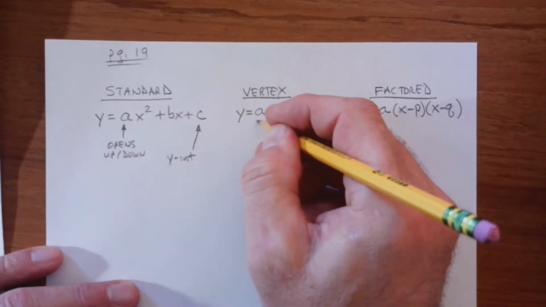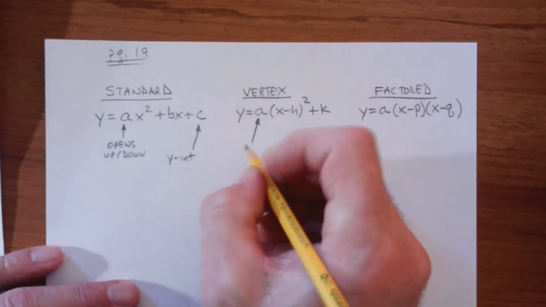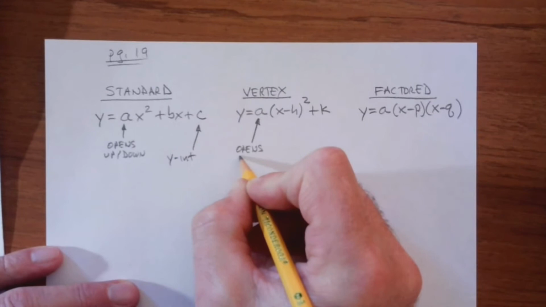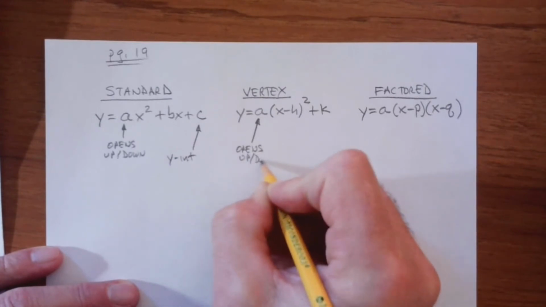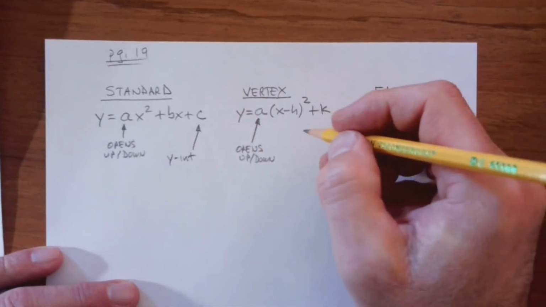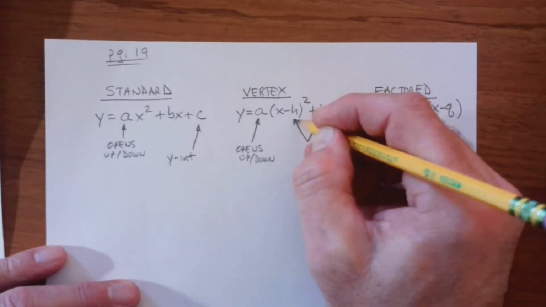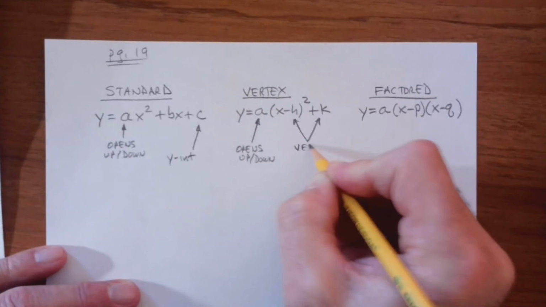In vertex form, we have an a, and again it tells us whether this opens up or down. But we also get the vertex.